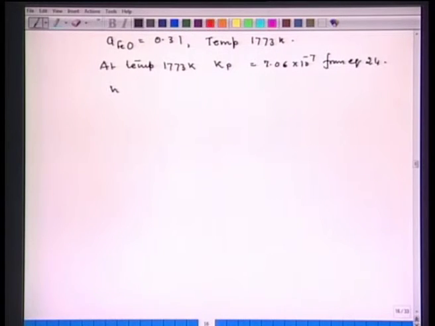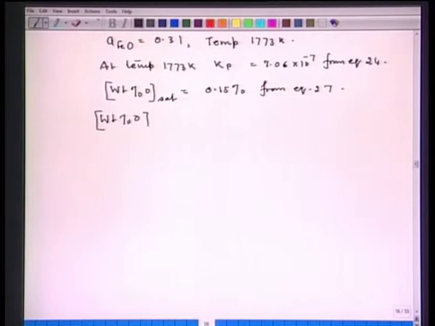Now, I can calculate also wt percent oxygen saturated, that will be equal to 0.15%, and that I have calculated from equation 27. Then wt percent oxygen will be equal to 0.15 into 0.31, that will be 0.0465.